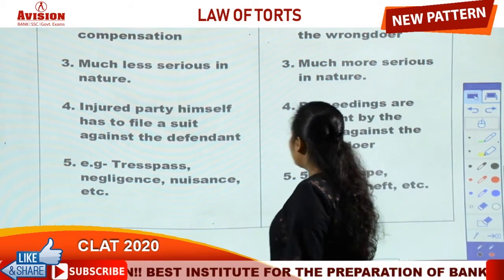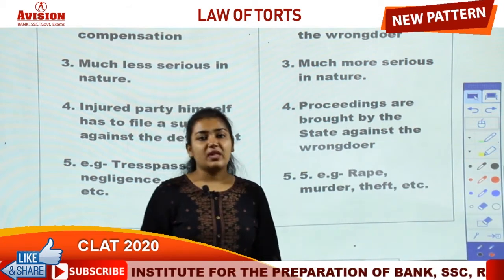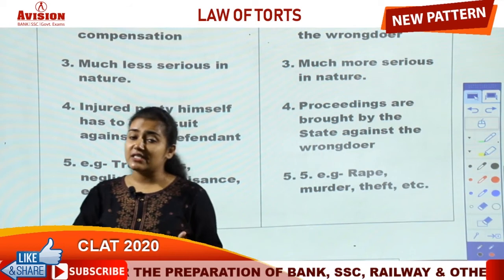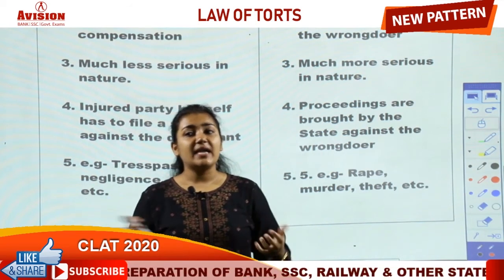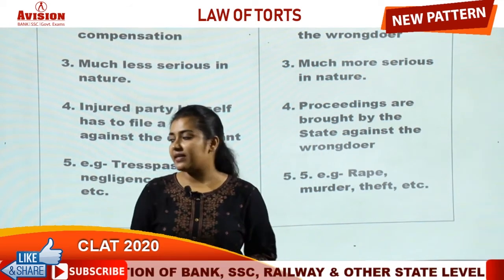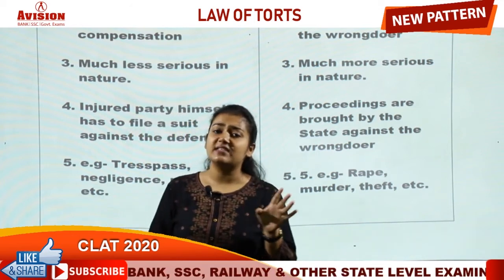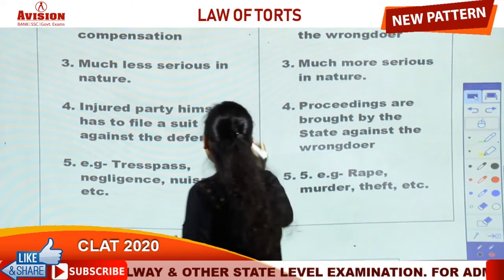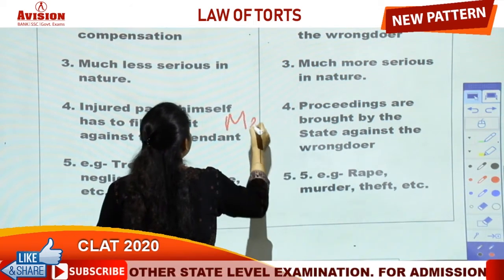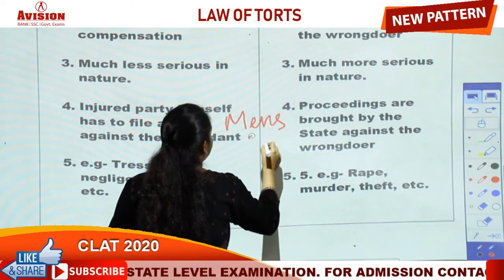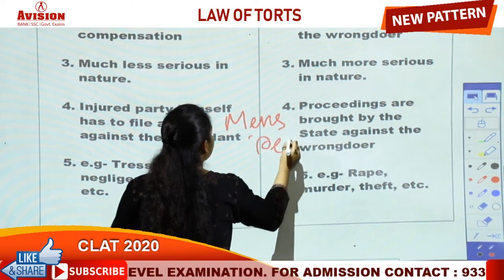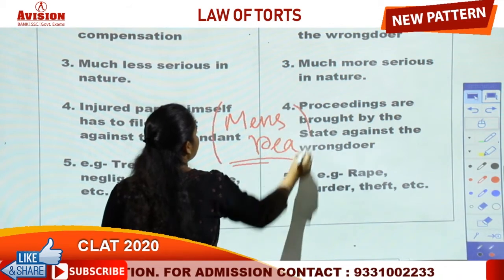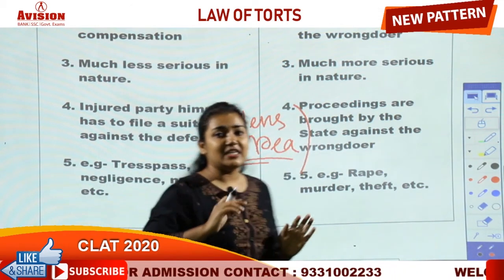Now, as we have gone through the difference between a civil and a criminal wrong, I guess this concept is clear and you can differentiate between them. One more thing is very essential in case of a tort which you should keep in mind: mens rea. This is another important legal term in case of a tort.